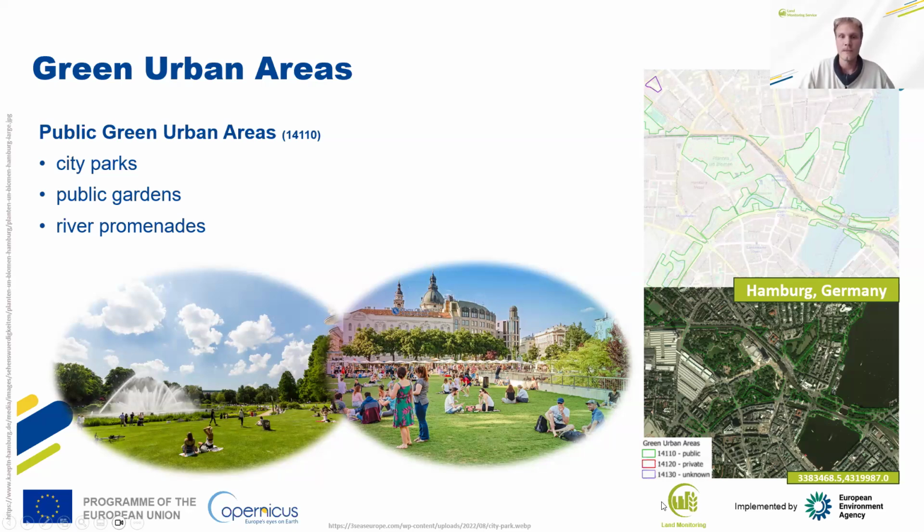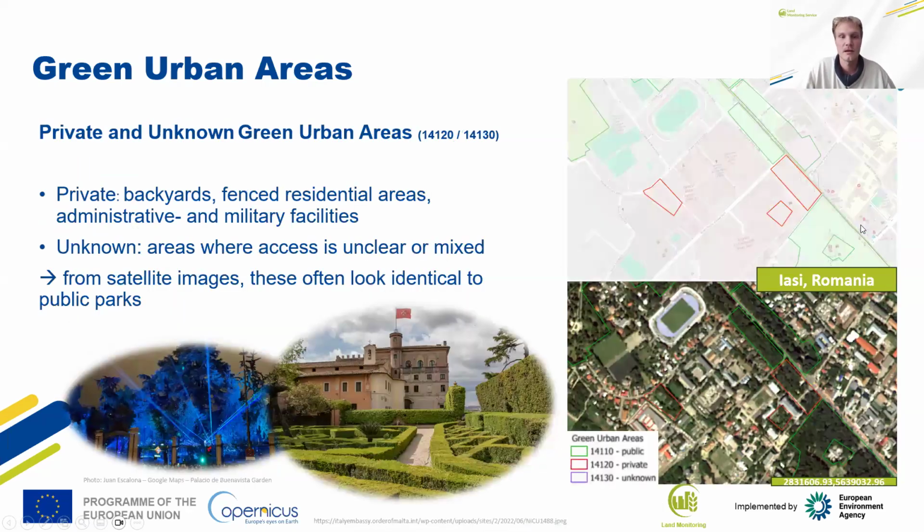On the next slide, you can see private and unknown labeled green urban areas. For example, backyards, fenced residential areas, airports, administrative or military land. On the picture, for example, you can see a fenced green urban area, but they provide light shows for the people, but it's still not possible to enter.